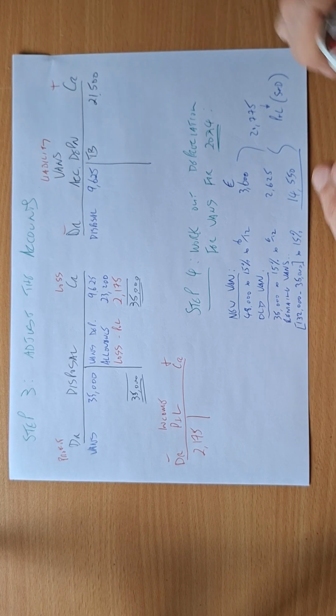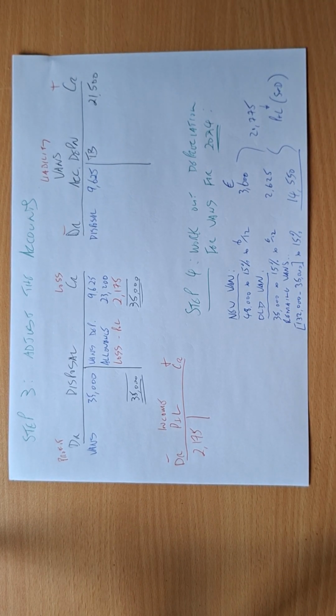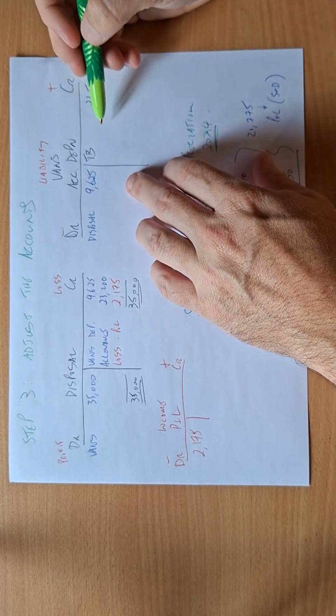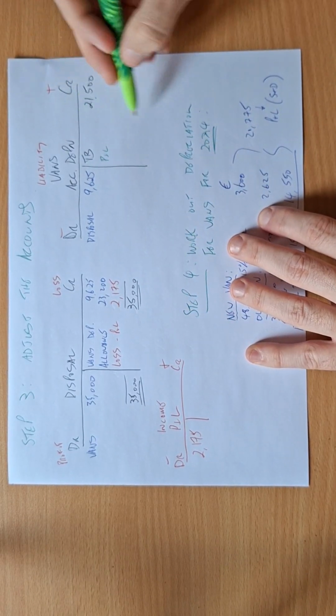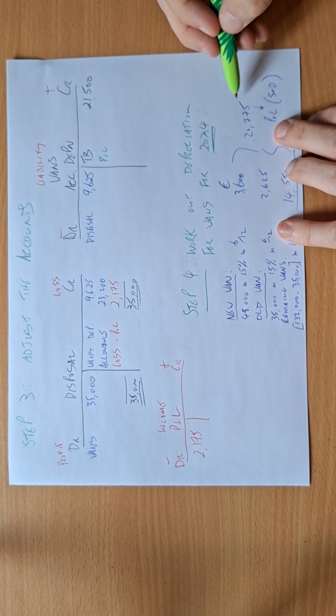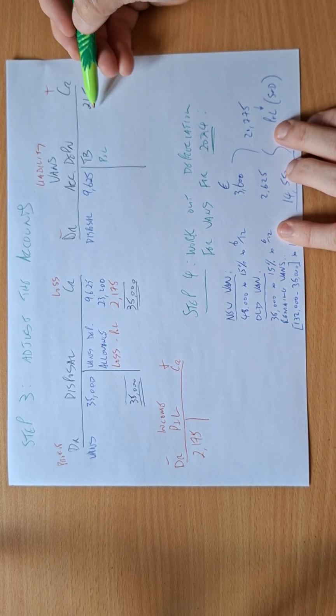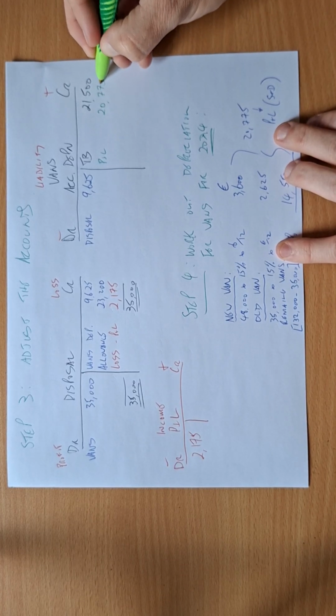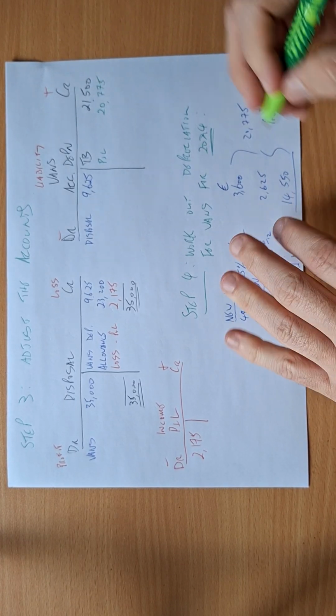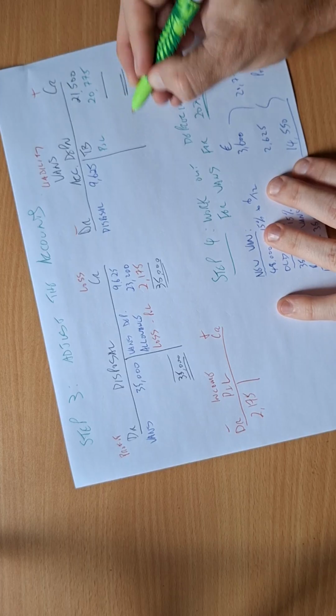So what you do is you go to your accumulated depreciation account. I'm just going to write P&L. You're increasing this account now, because this is a depreciation charge for vans, so this will be an increase in your accumulated depreciation. So it'll be 20,775. Now you're in a position to close off this account as well.